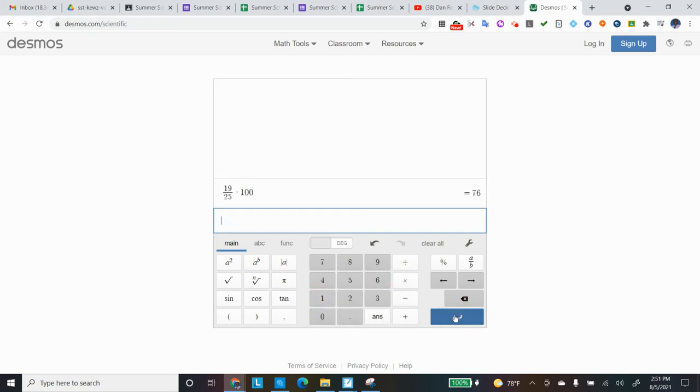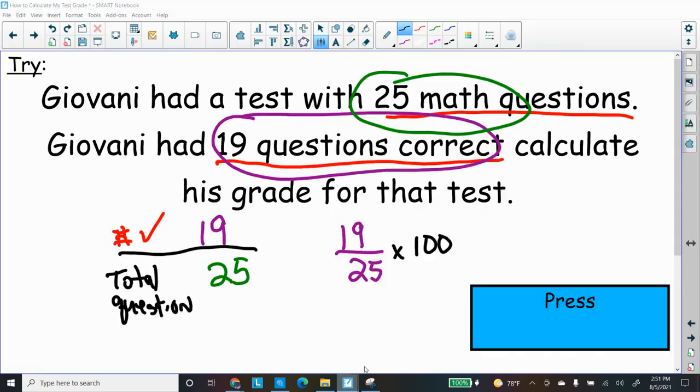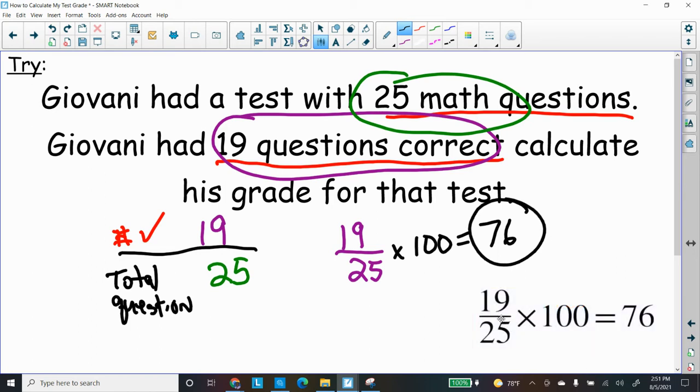And this will give me the grade that he got on the test, 76. So Giovanni, you would have a 76 on that test. So that would be your grade, 76. And let's press this so you can see it better. So 19 questions correct out of 25 times 100 would give you a 76. So that's a good grade, Giovanni.